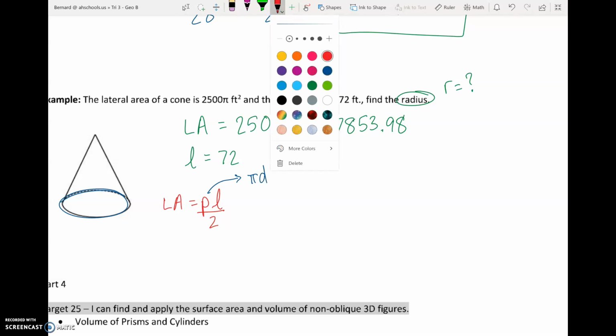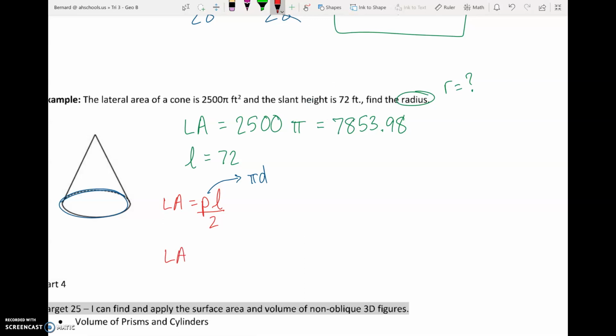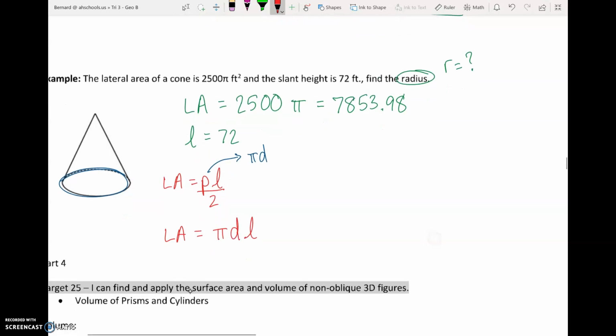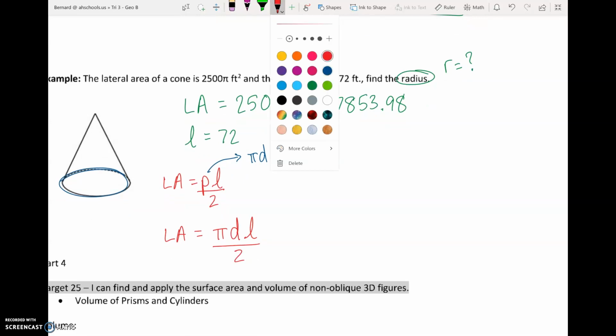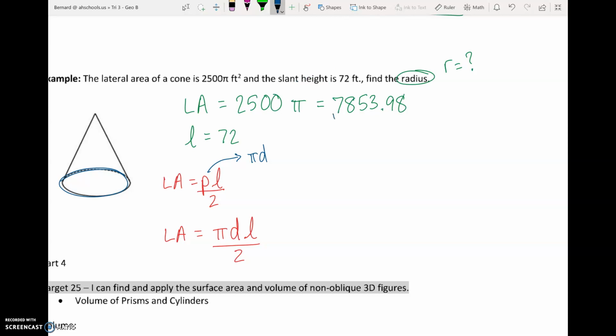So we can rewrite this whole thing as lateral area will equal pi times diameter times slant height, all divided by 2. And what we can do now is take our lateral area, plug that in for LA, take our slant height and plug that in for L, and then solve for our diameter. And once we get our diameter, remember our radius, which is what we want, is just half of that number.